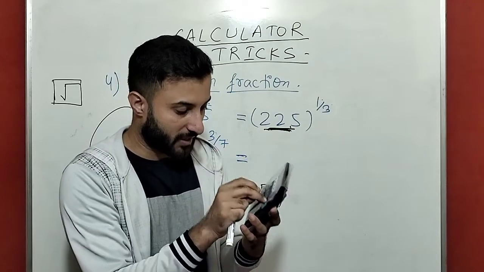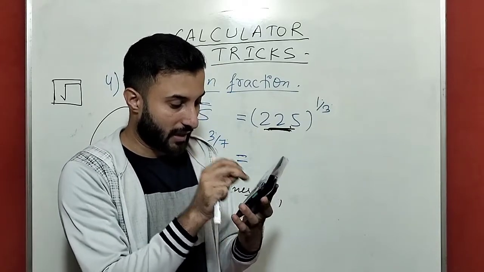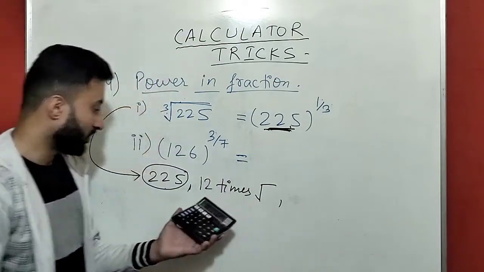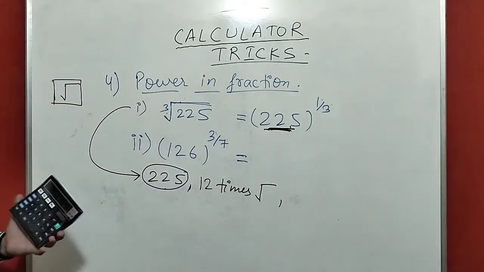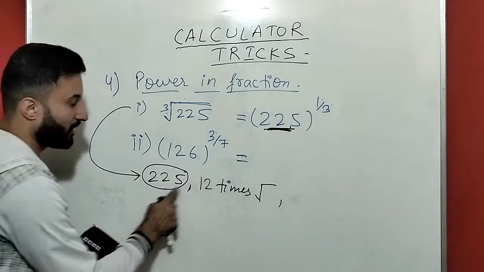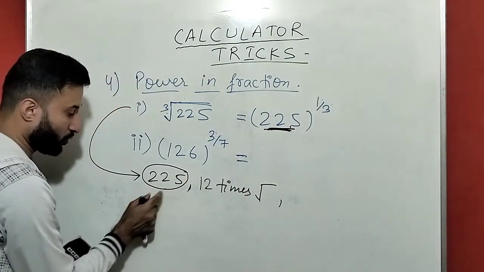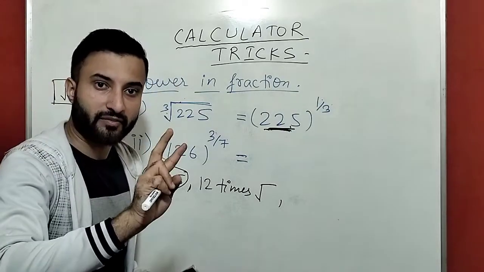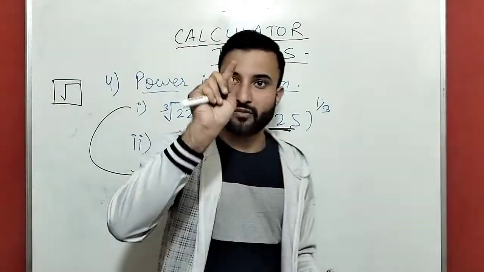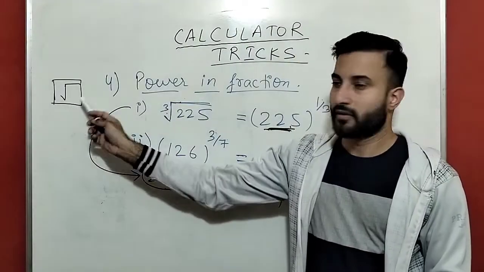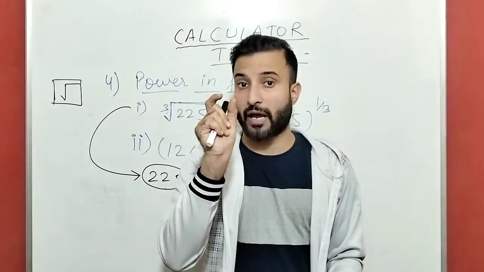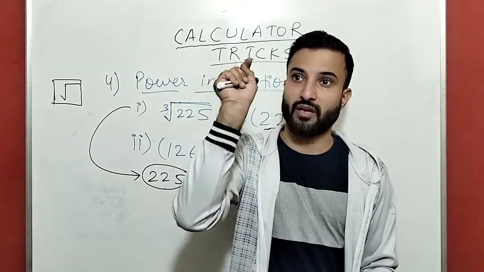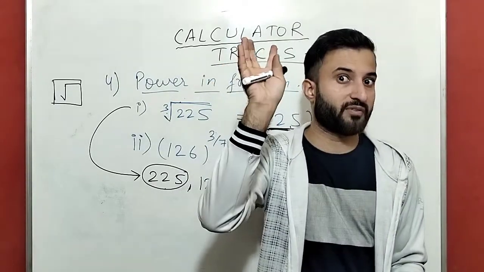First step is write the number as it is, 225, in the calculator. Then don't do anything else; the square root button is there, and you have to press that button 12 times.